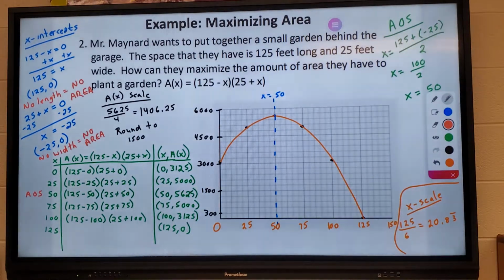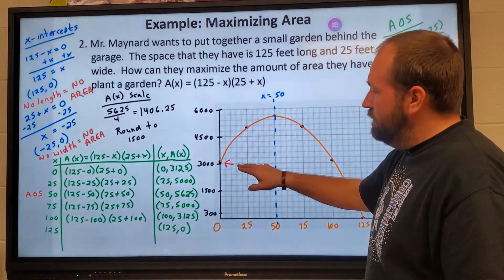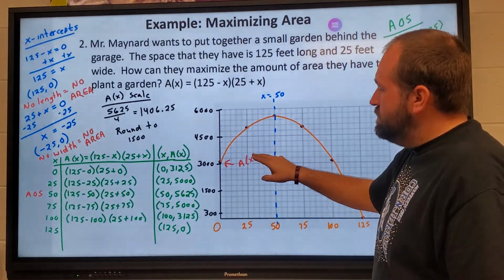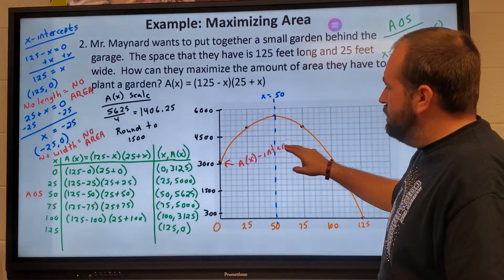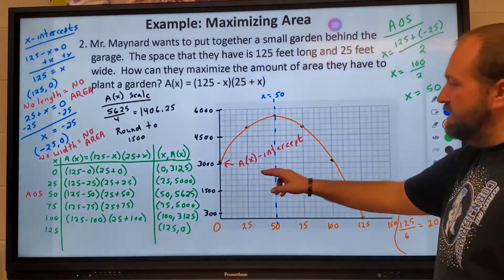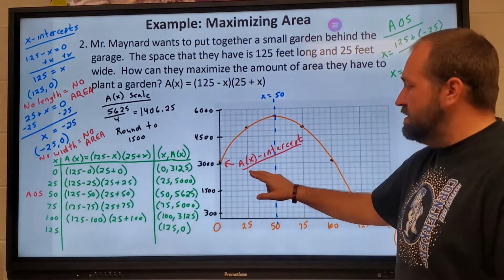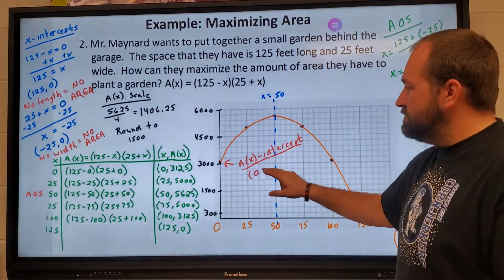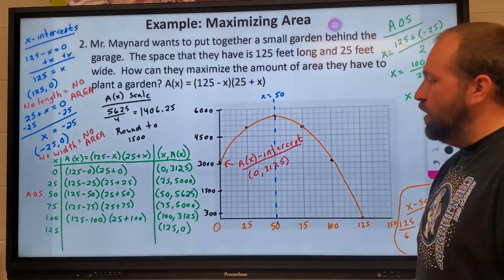Okay. The next thing we have to do then is the y-intercept. The y-intercept is this ordered pair right here. Okay, and again, as previously stated, this ordered pair comes straight from the very first ordered pair of the table. So we have 0, 3,125. And what does that tell me?